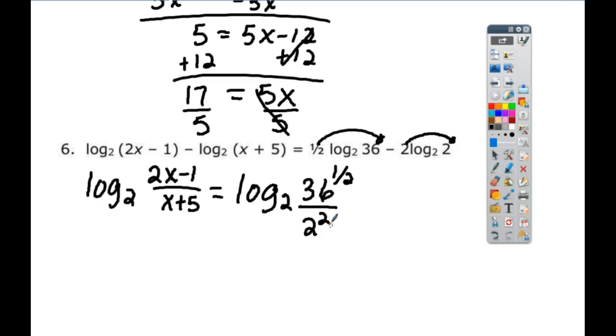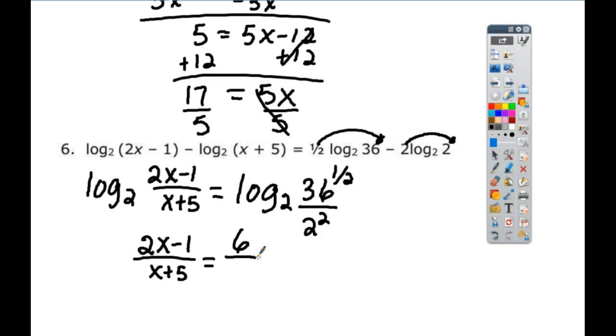So now, am I condensed down to 1? Yes? So I can't do anything on this side, so I have 2x minus 1 over x plus 5. And on this side, 36 to the 1/2 is what? 6, because it's the square root of 36. So I have 6.